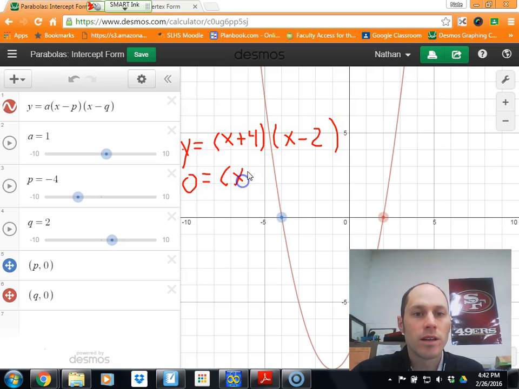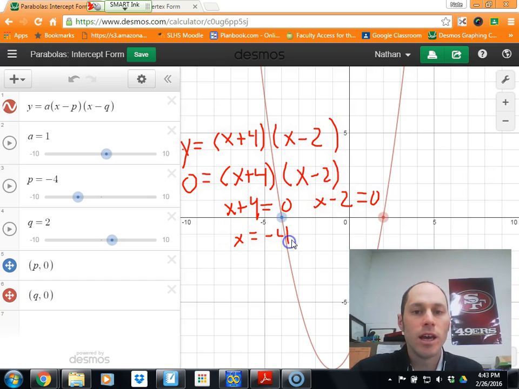This is just solving the quadratic equation in factored form. So I would say, x plus 4 equals 0, or x minus 2 equals 0. And so I know x equals negative 4, or x equals 2. So 2, 0, or negative 4, 0 are the two points that I'm looking at. And look at that, that's where they are.